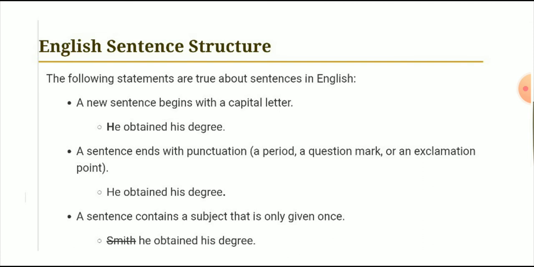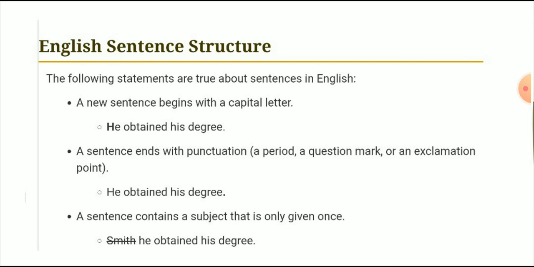A sentence ends with punctuation, a period or question mark, or an exclamation point. He obtained his degree. A sentence contains a subject that is only given once. For example, Smith. But when we do not use Smith, we can use the subject he.